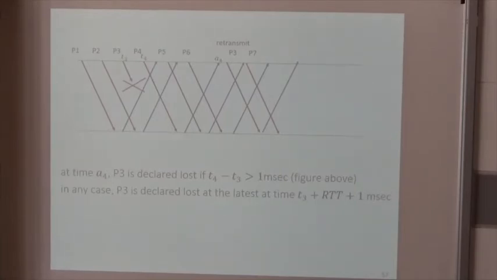Let's see an example here. Here, packet 3 is lost, and we saw that before, in order to detect it as lost, we needed to have received the 3 duplicate ACKs here.